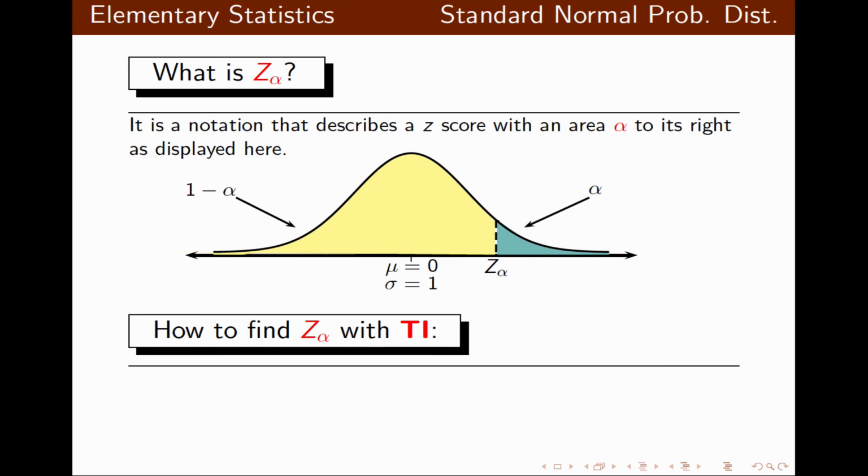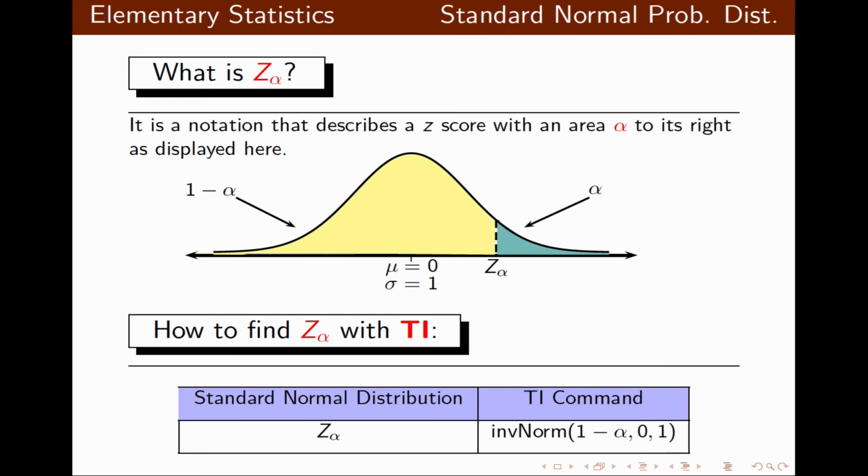Now let's see how we can use TI to find z alpha. Since the left area is 1 minus alpha, the inverse norm, the first component will be 1 minus alpha, followed by mean 0 and a standard deviation 1. So this simple step will help us find z alpha.